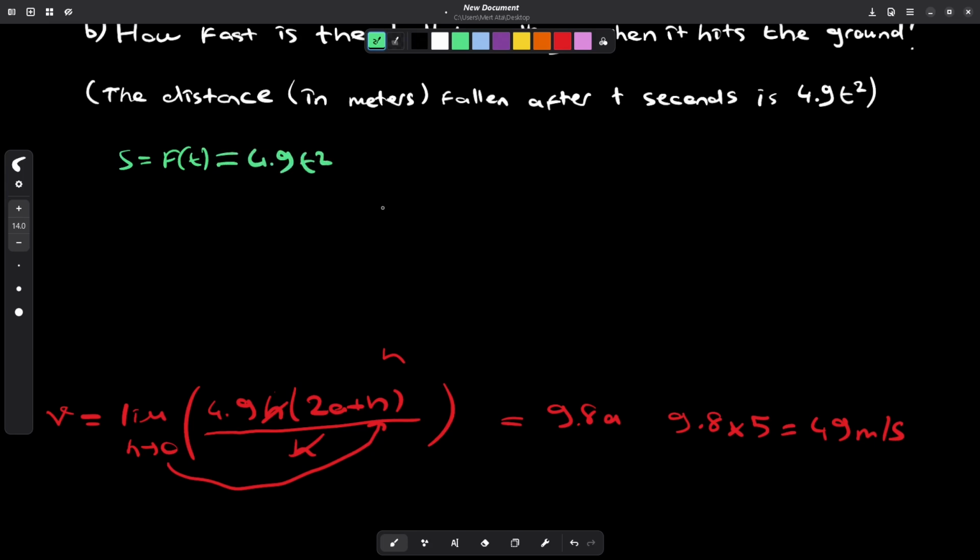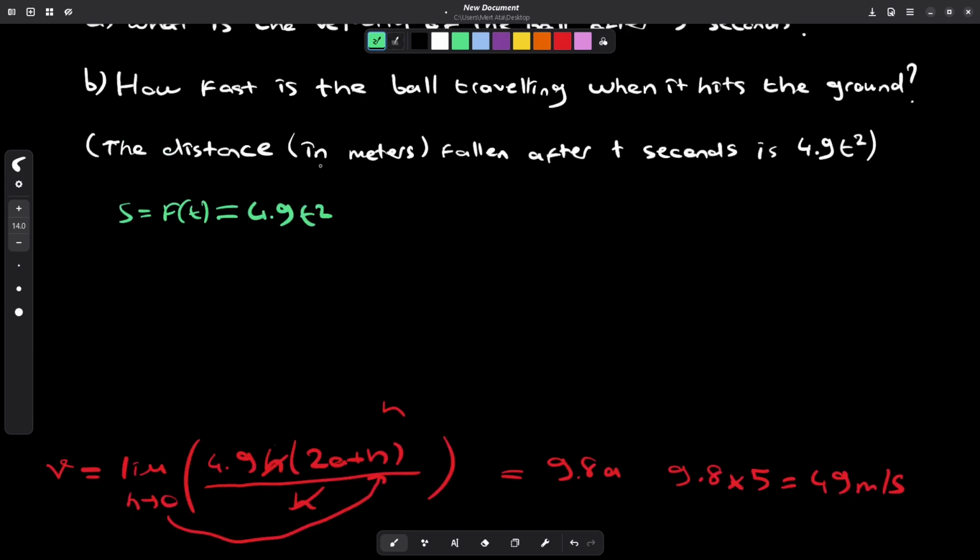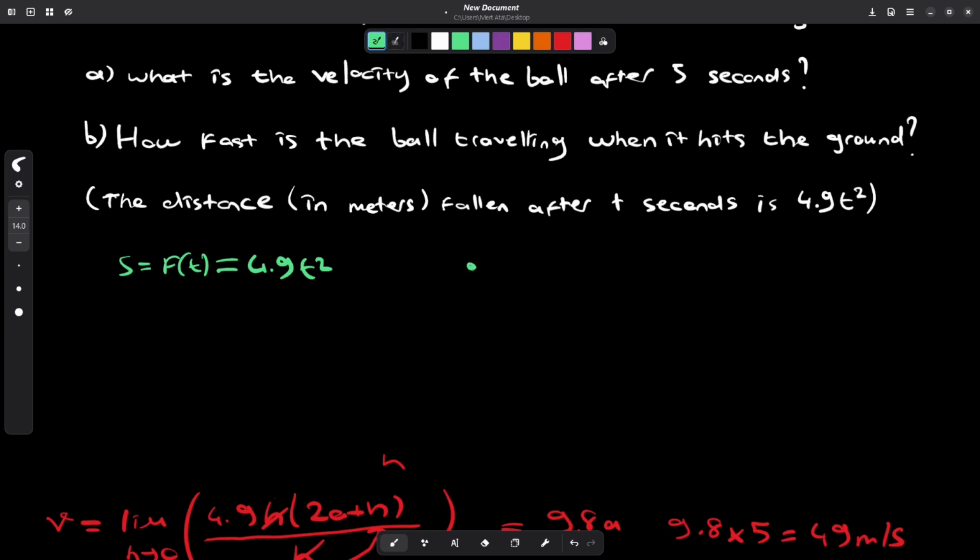So if this is my ball that I throw from the top, when it hits the ground, the distance will be 450 meters, right? So from 4.9 t squared equal to 450, we can find the time, right?